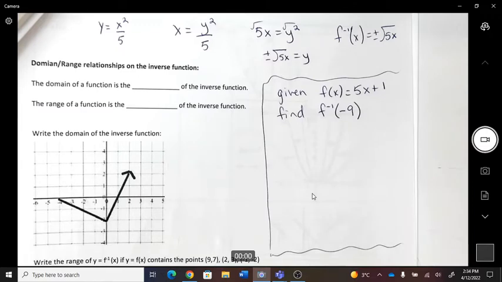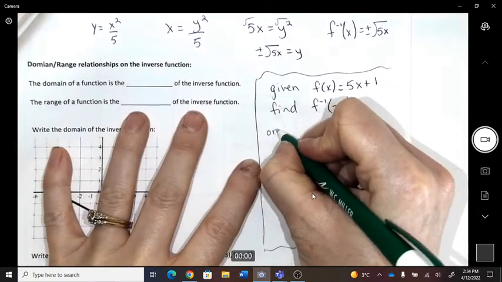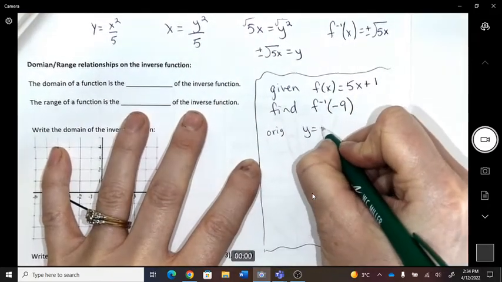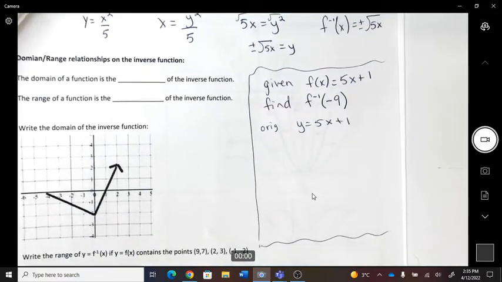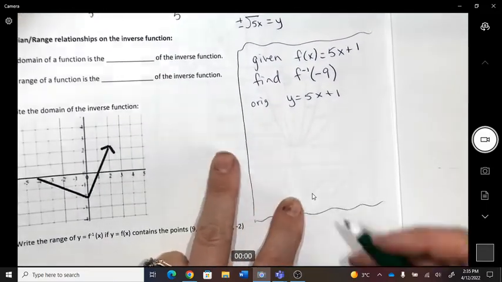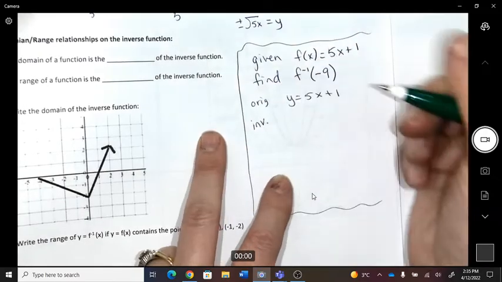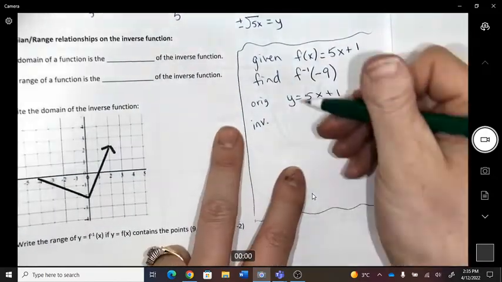Okay, so I added one extra half step to what we just did. Given the original function, the original was y equals 5x plus 1. So I'm going to get the inverse function.